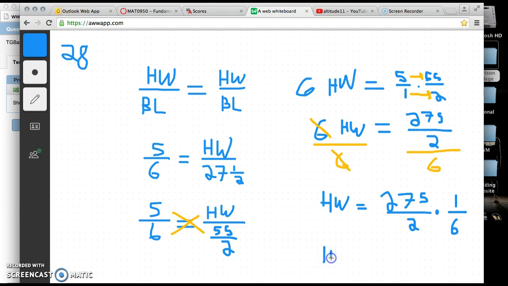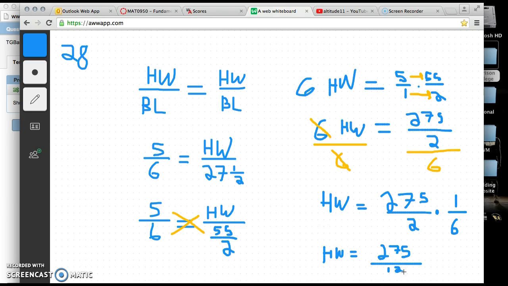All right, so we end up then with the height at the withers is equal to, and just like we did up here, guys, to multiply these two fractions, we'll have to do the same thing down here. Multiply numerator times numerator. 275 times 1 is just itself, 275. All over 2 times 6 is 12.